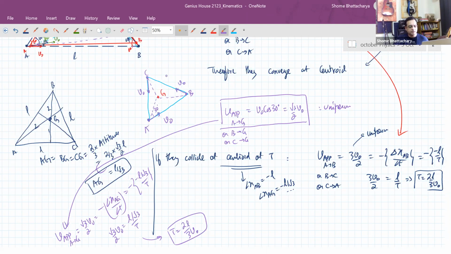Whether or not it is solvable at all is a question in itself, but the point here is that we are looking at applications of approach and separation velocity. That type of problem cannot be solved by using approach and separation velocity, so it goes outside the scope of our kinematics over here.